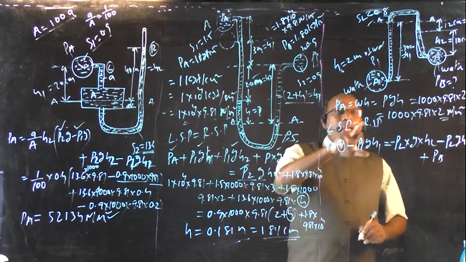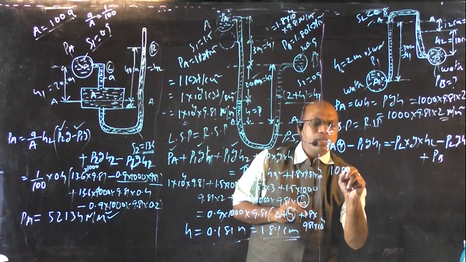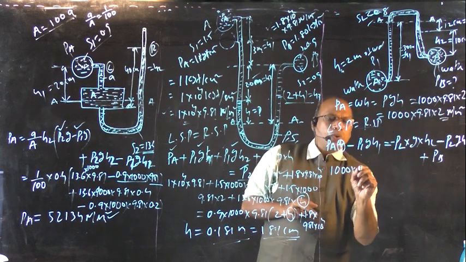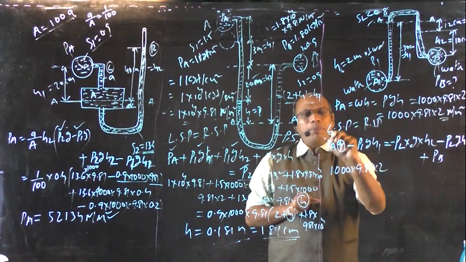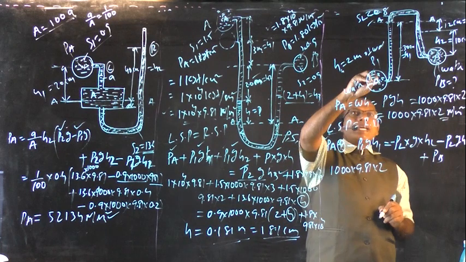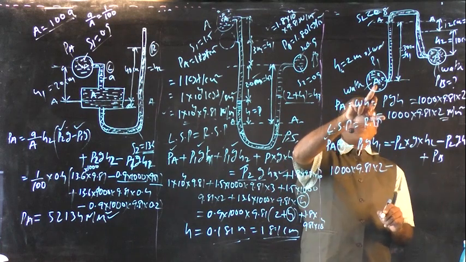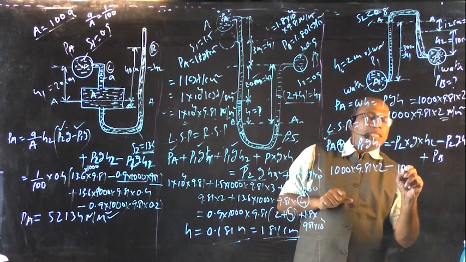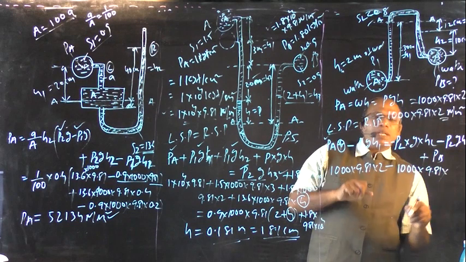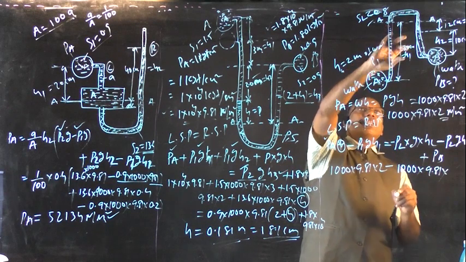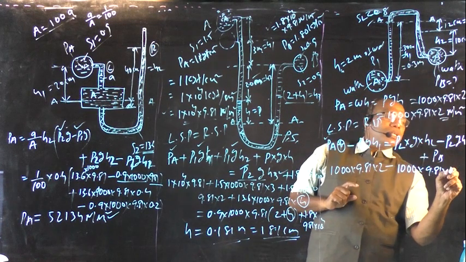Now PA we have already calculated, 1000 into 9.81 into 2, this is the pressure in pipe A, minus rho, the density of the flowing liquid water, 1000 kg per meter cube, into g, 9.81, into H1, which is 30 centimeters, that is 0.3 meters.